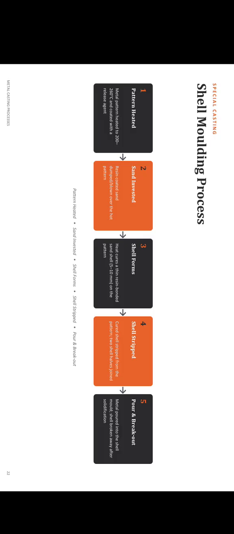Then shell forms: heat cures a thin bonded sand shell, 5 to 10 mm, on the pattern. Shell stripped: the cured shell is stripped from the pattern, and two shell halves are joined. Breakout: metal is poured into the shell mold, and the shell is broken away after solidification.